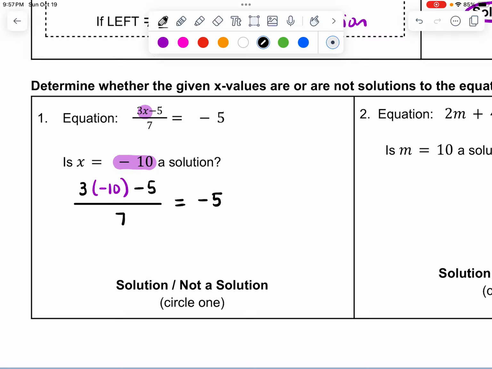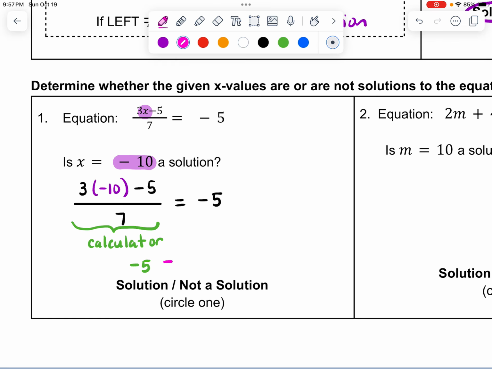I copied everything down. I just changed the x to a -10. Now I'm going to type in the left side of the equation on my calculator. So again, I'm letting my calculator do all of the heavy lifting here. I'm typing it straight in. And when I do that, I get -5.